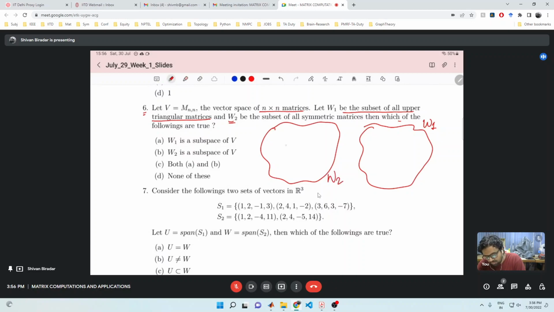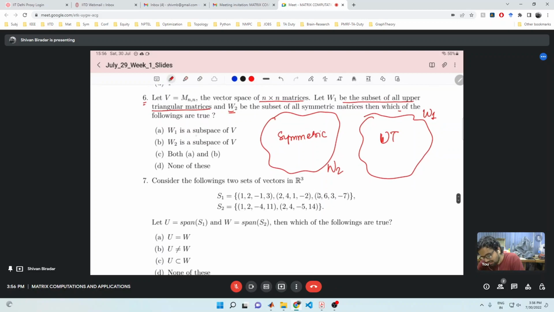So W2 would have only symmetric matrices, and W1 would have upper triangular matrices. So which of the following is true? W1 is a subspace of V.